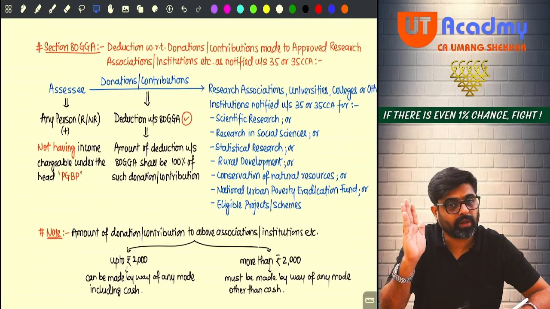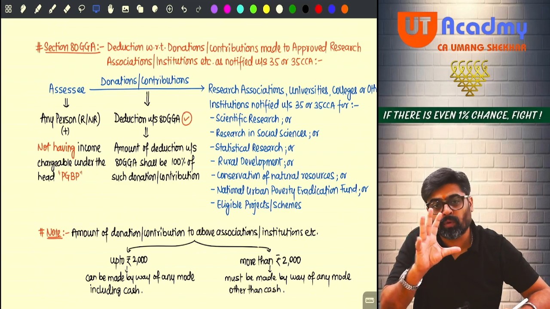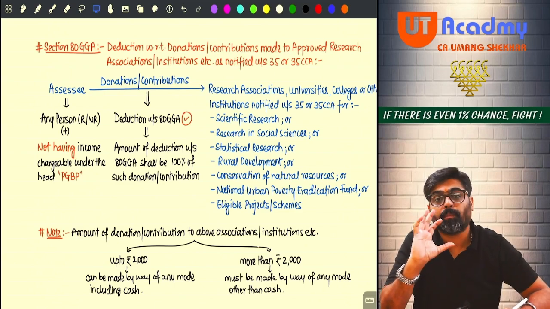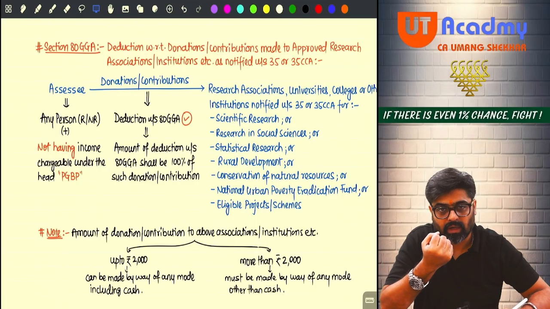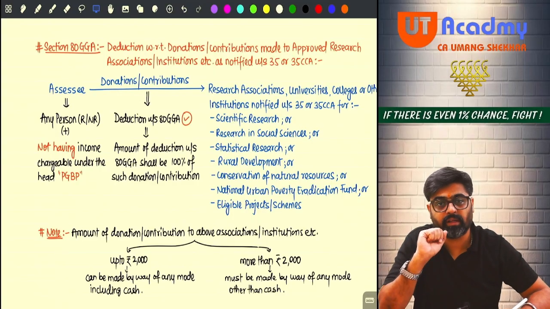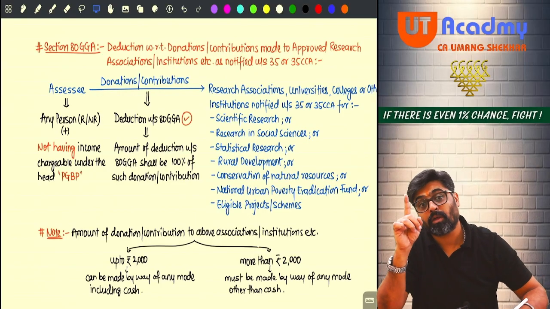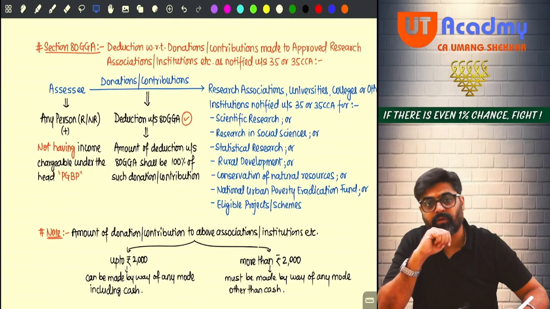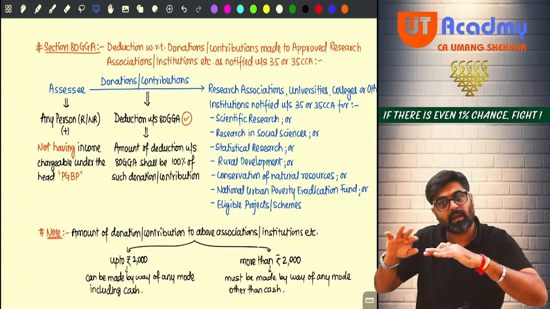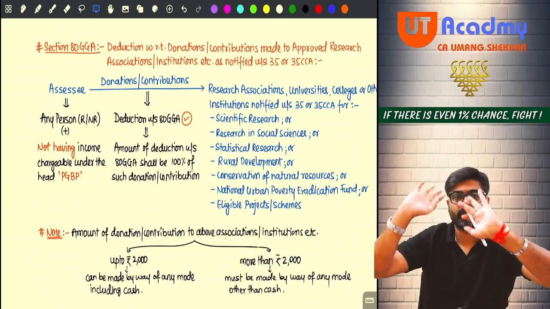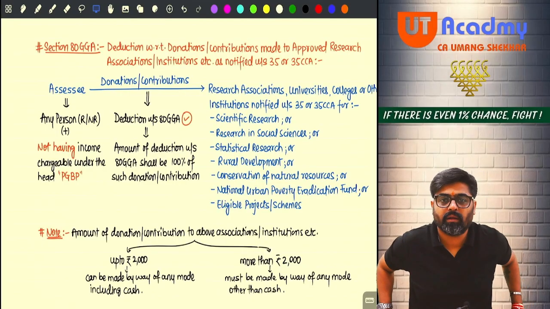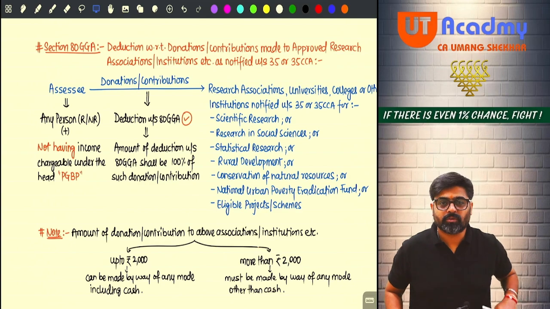Whatever donations you are making to approved institutions, approved organizations, approved associations, colleges, universities, etc., for scientific research, statistical research, research in social sciences, for those donations you get the deduction from your PGBP income under Section 35. So that donation will be allowed as your expense under the head PGBP only. Then you are not supposed to come here.